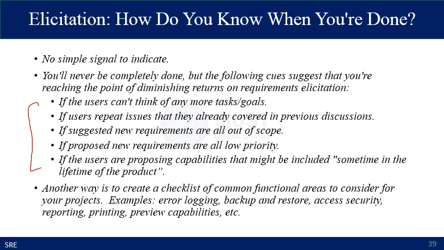If the users are proposing capabilities that might be included sometime in the lifetime of the product, that is again a harbinger of completeness. Another way is to create a checklist for common functional areas considered for your product.